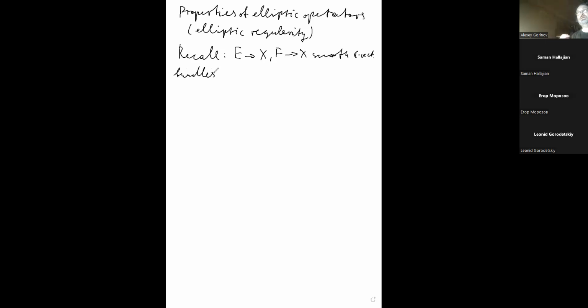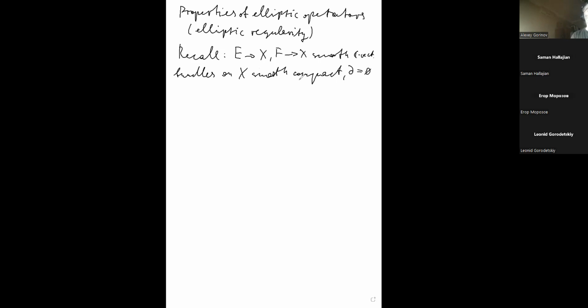Let's suppose we have two vector bundles on a smooth compact manifold without boundary.